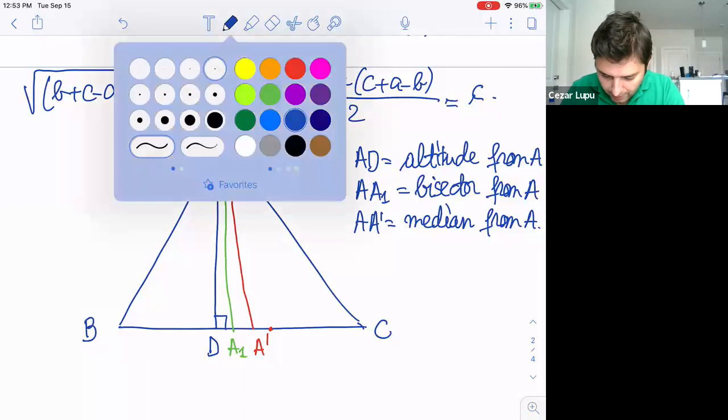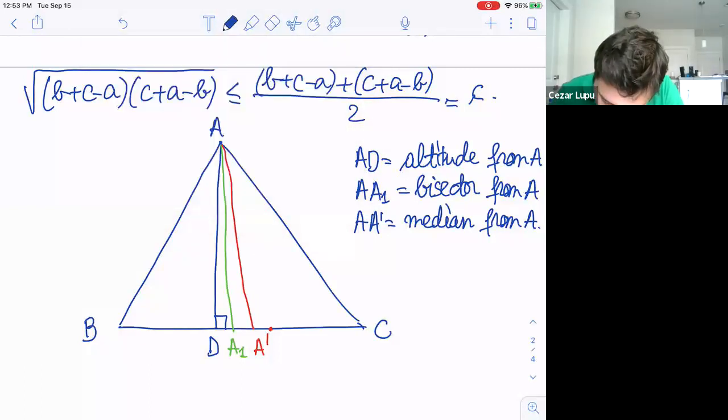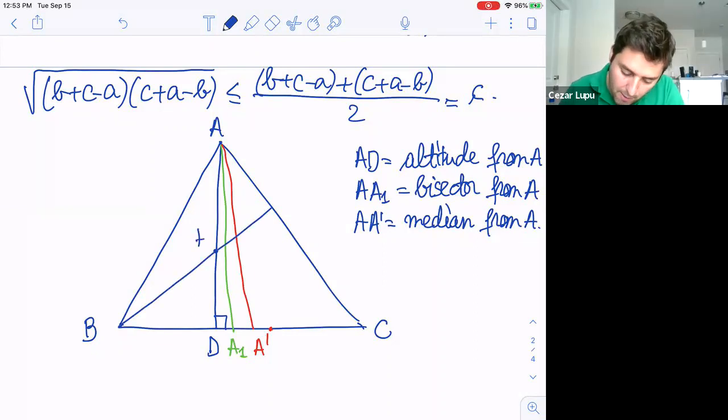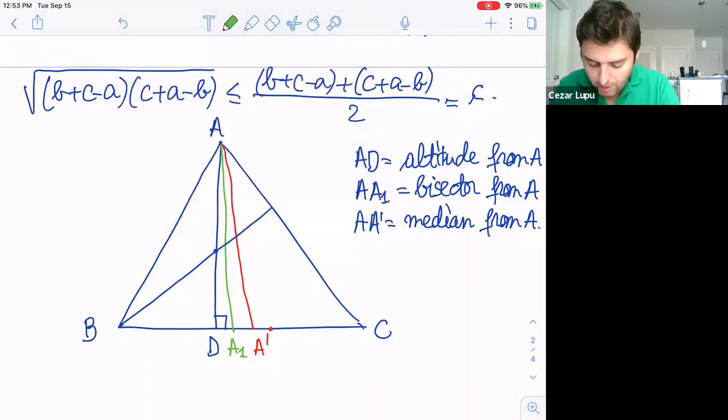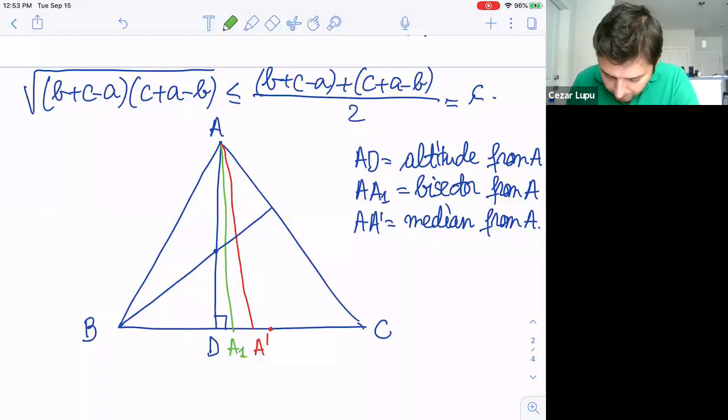But let me tell you one thing. At some point here will be H. Let me draw another one. Now if I draw another bisector, let's say from B, it will be like this.